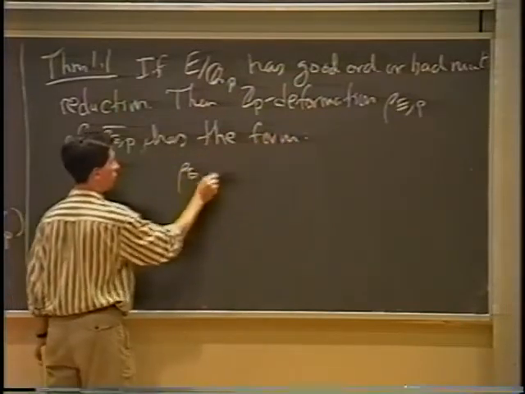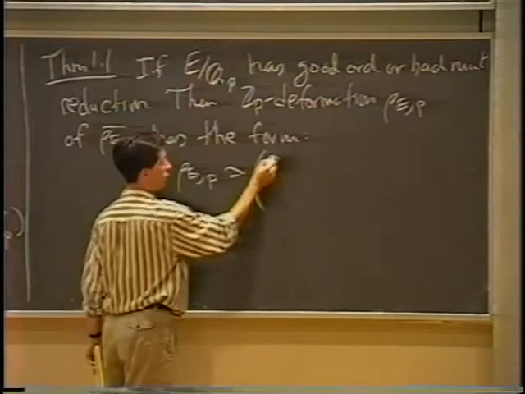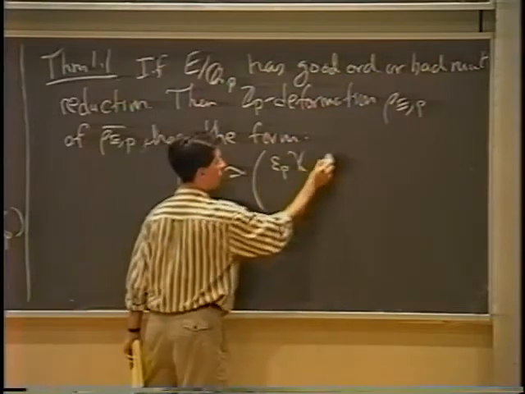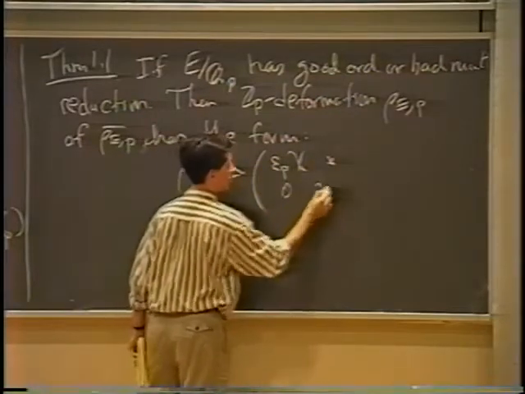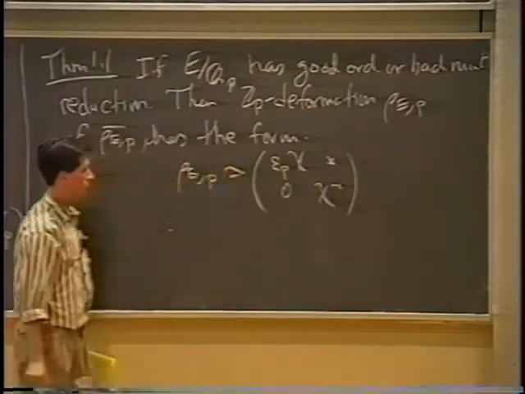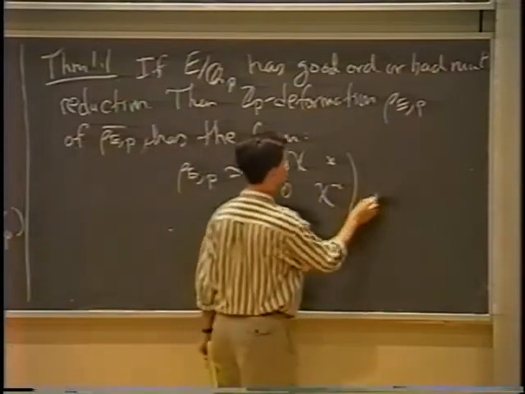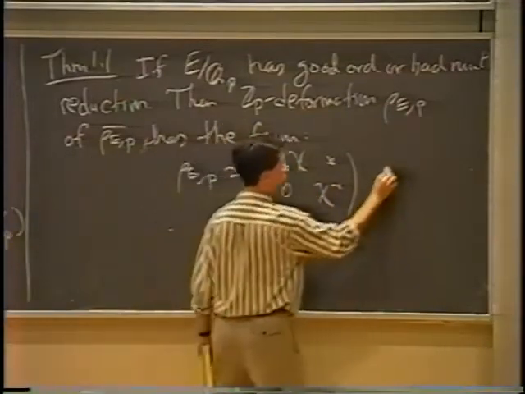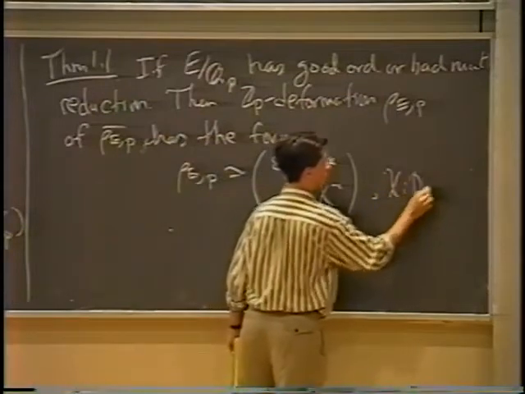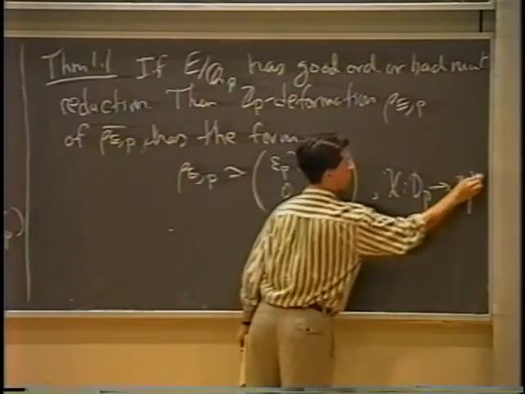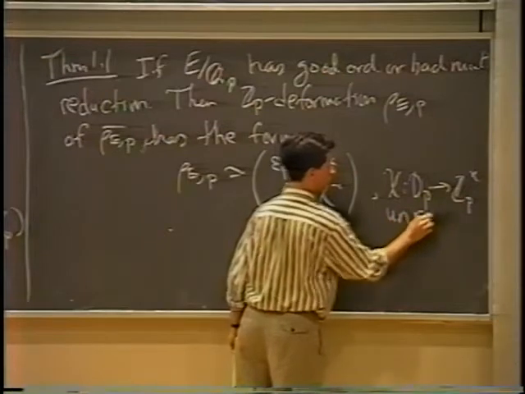It can be put in a very convenient upper triangular form. Epsilon_p will be our p-adic cyclotomic character on the decomposition group at p, and chi is some continuous unramified character.